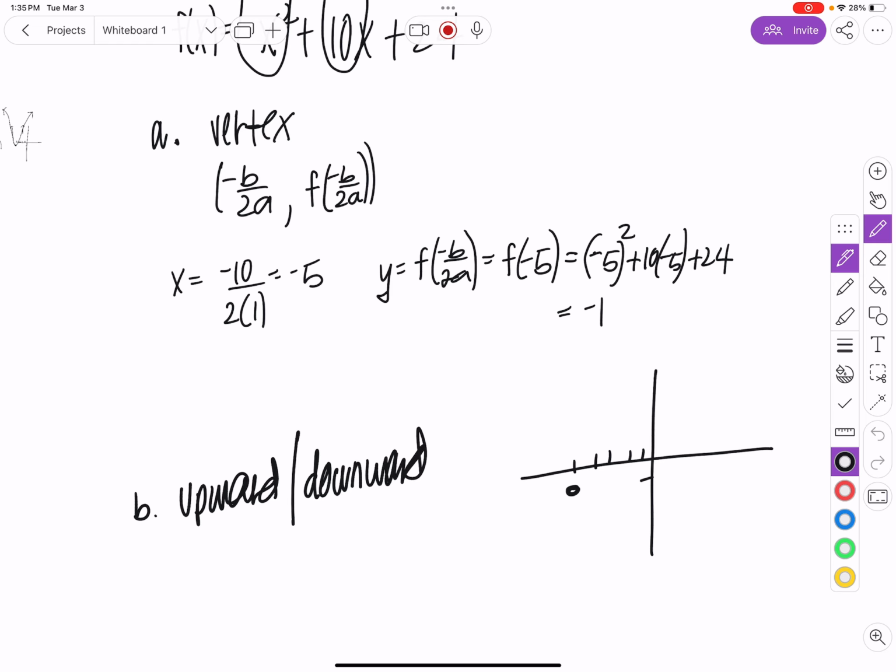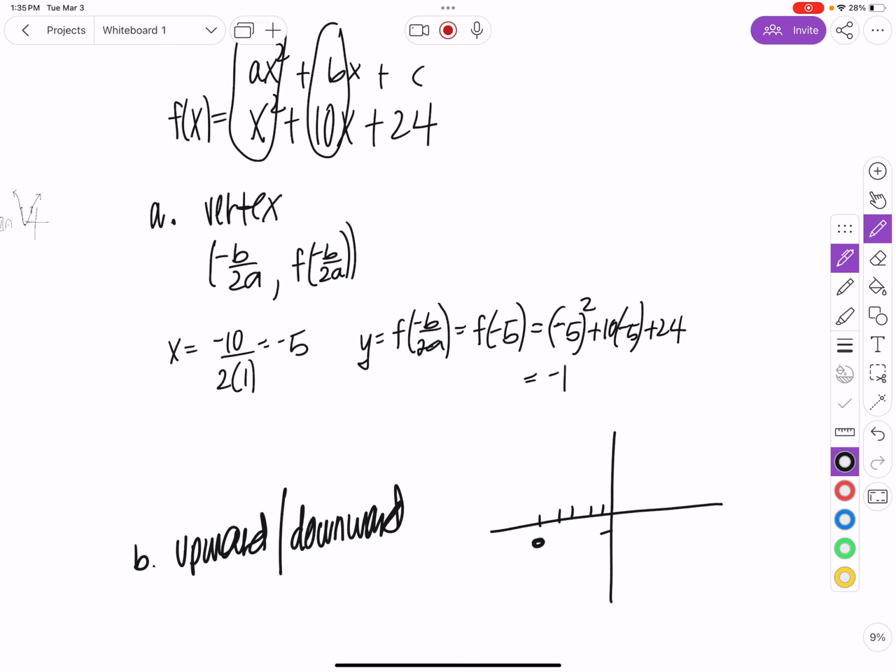To determine that, I'm going to look at the a term of the function, which is this right here. If it's positive, we open upward. If it's negative, we open downward. Well, because a was positive 1, we are going to open upward.